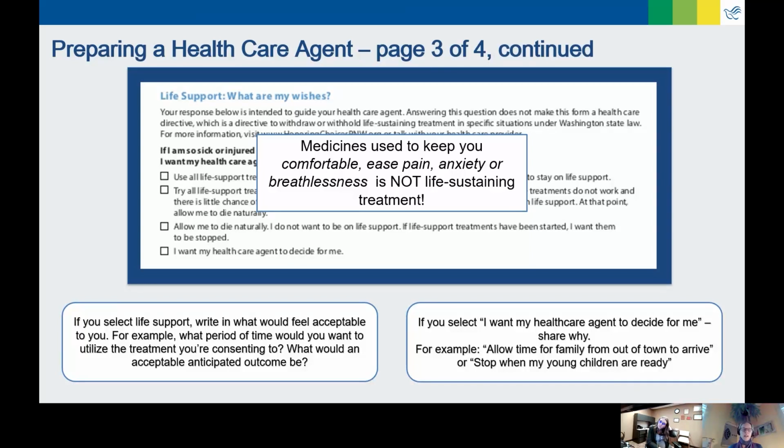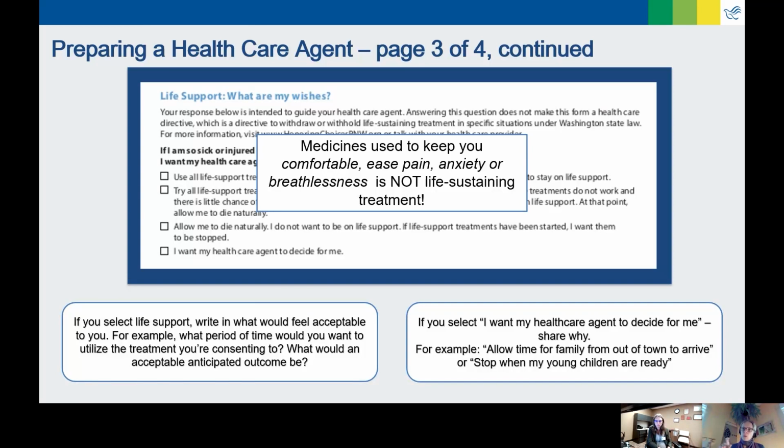It could be a breathing machine to help you breathe. It could be antibiotics. It could be dialysis. It could be a number of treatments. If that treatment does not work and there is little chance of living a life that aligns with my goals and values, then I don't want to stay on life support. At that point, allow me to die naturally.